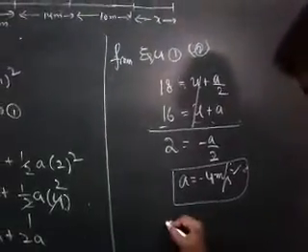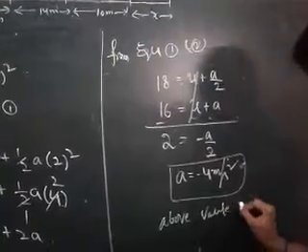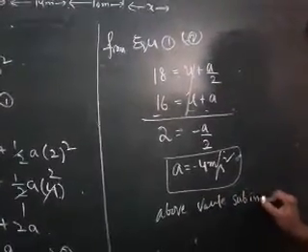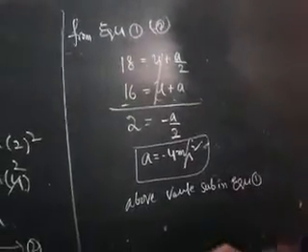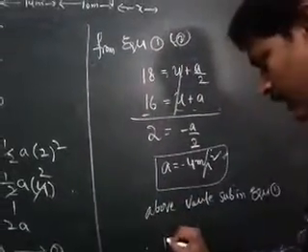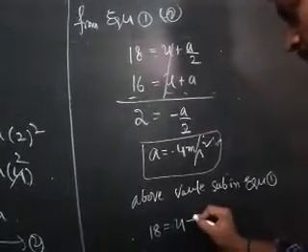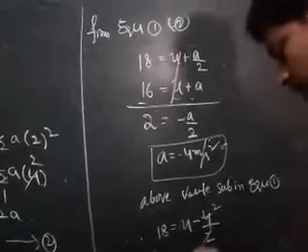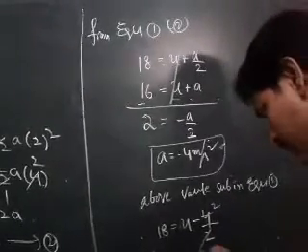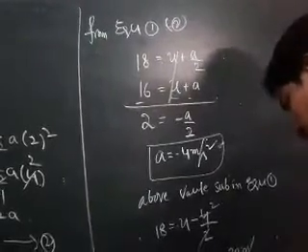Substitute the above value in equation 1 or 2, any one. So what are you getting? 18 is equal to u minus 4 by 2, so u is equal to 18 plus 2, that is equal to 20 meter per second.